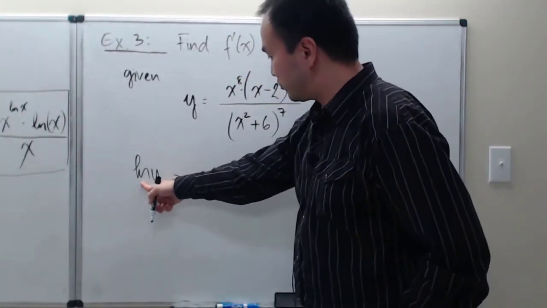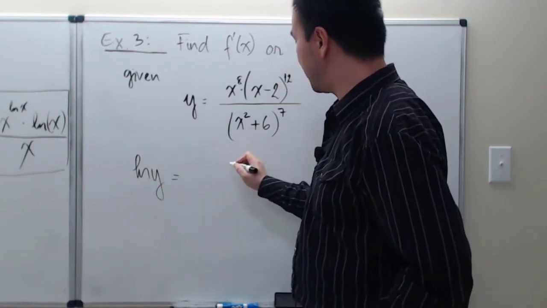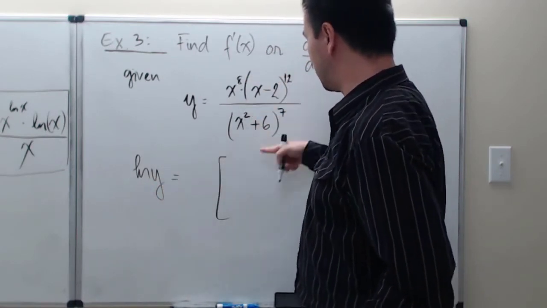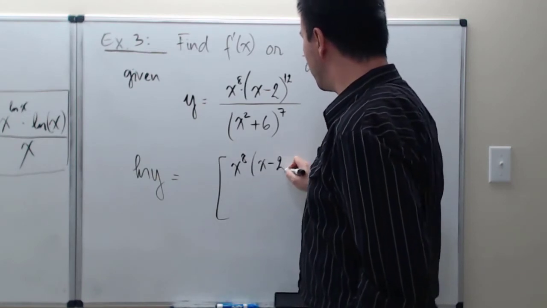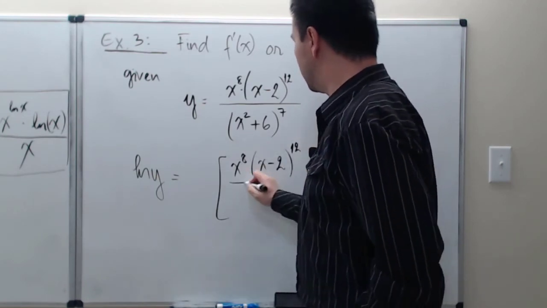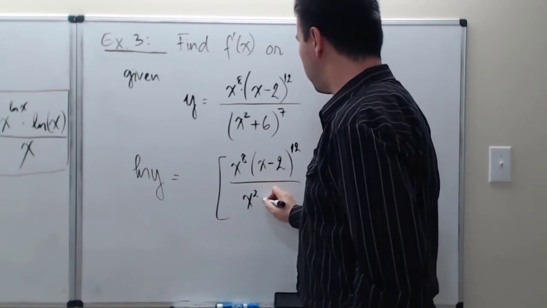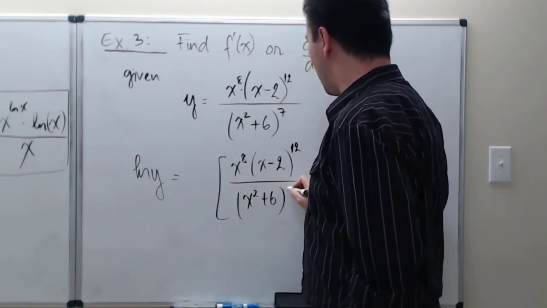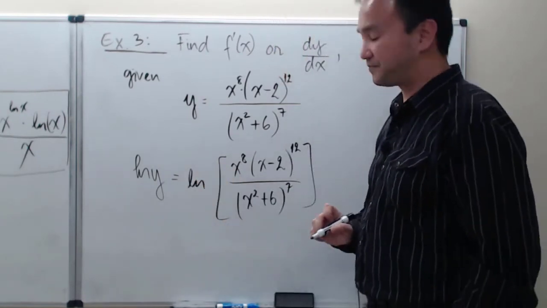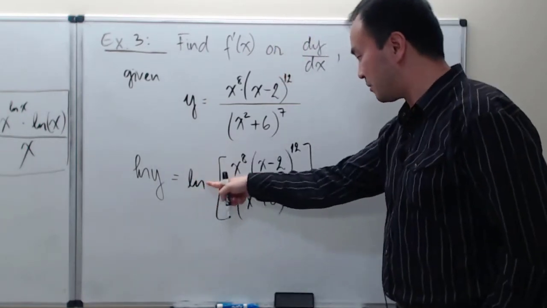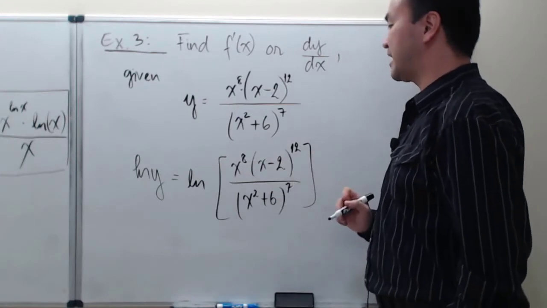So I'm taking natural log of y. And on the right hand side, all that expression there, x to the 8th times x minus 2 to the 12th power over x squared plus 6 in quantity to the 7th, I'm going to take the natural log operation on that entire expression.